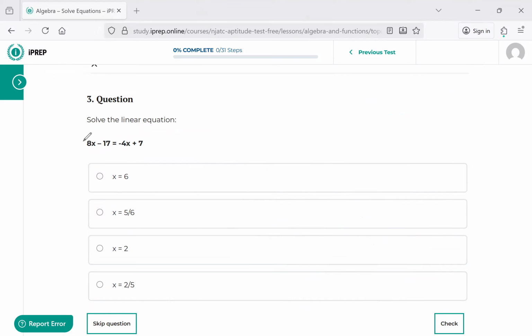Question 3. Left side, right side, there's no way you can combine like terms. So let's get all the x's on one side. I'm going to add 4x to both sides. So 8x plus 4x is 9, 10, 11, 12x, minus 17 equals 7.